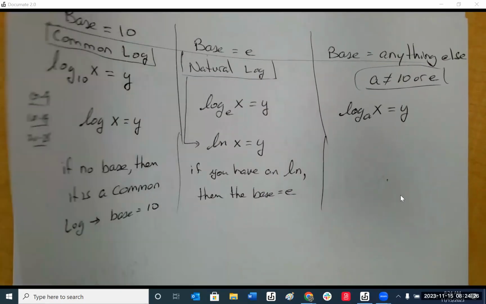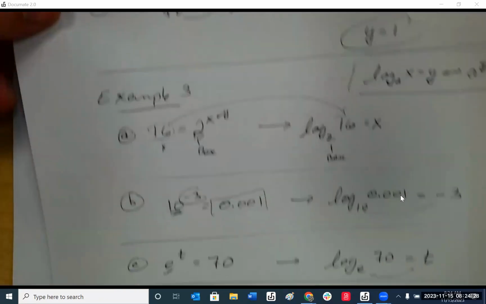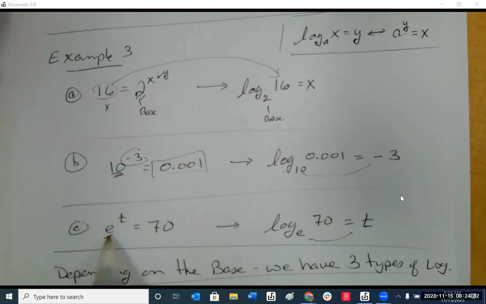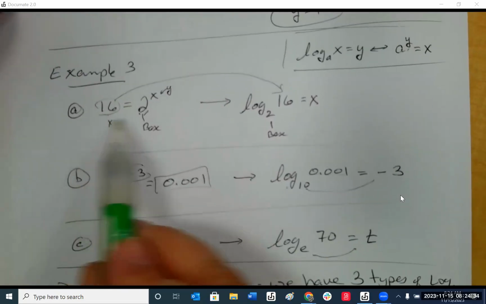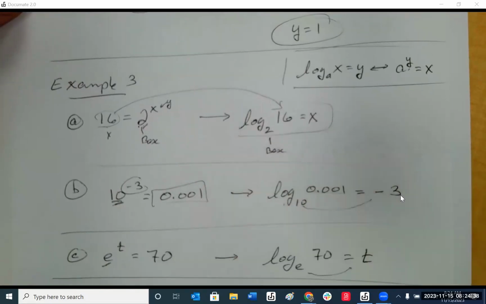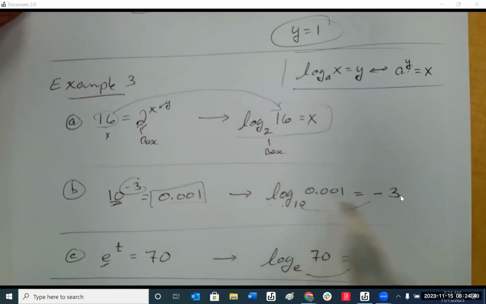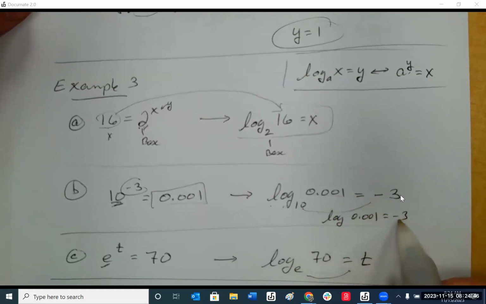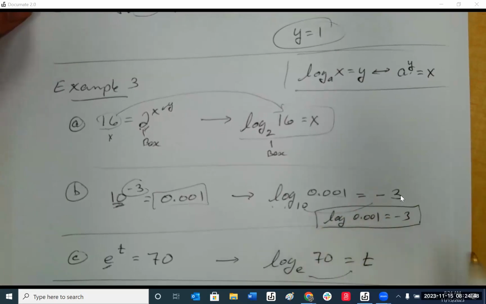The reason I said it here was because you noticed in these equations, we have base 10, base e, base 6, or base 2. So this one would be written that way. This one would actually be written like this.